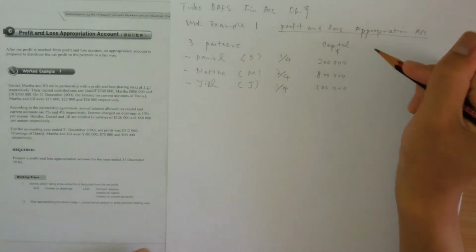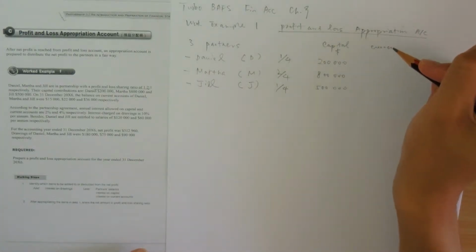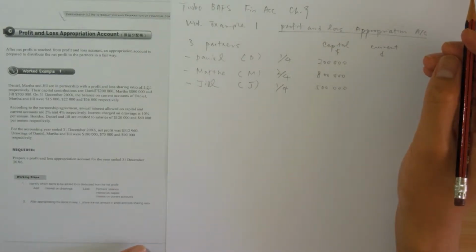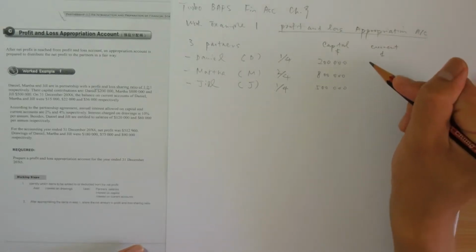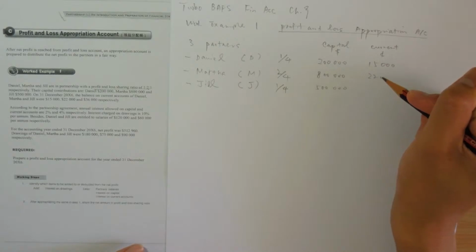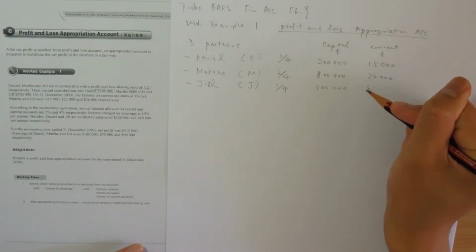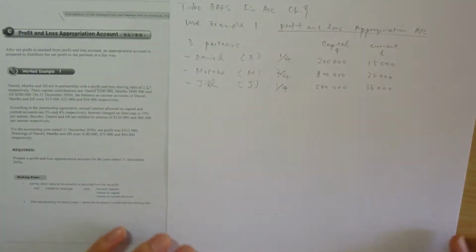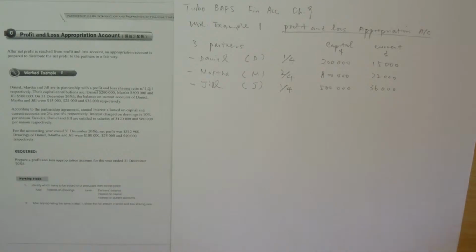And for the current account, the balance at 31 December 2006: Daniel has 115,000, and then 22,000, and the last one is 36,000. So we have prepared this format to help us further do this question.